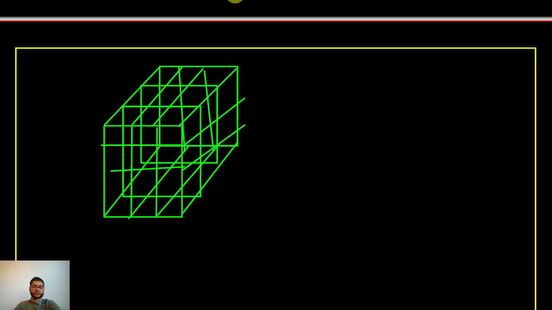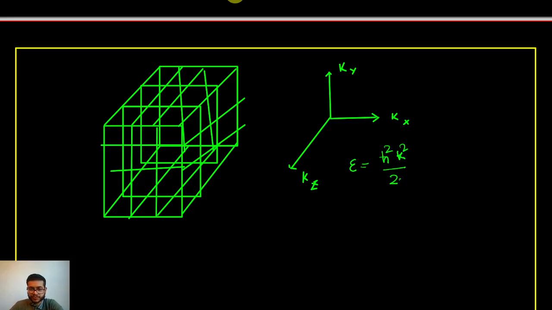So this is the grid. Basically, it's also a coordinate system where the x-axis is kx, the y-axis is ky, and the z-axis is kz.